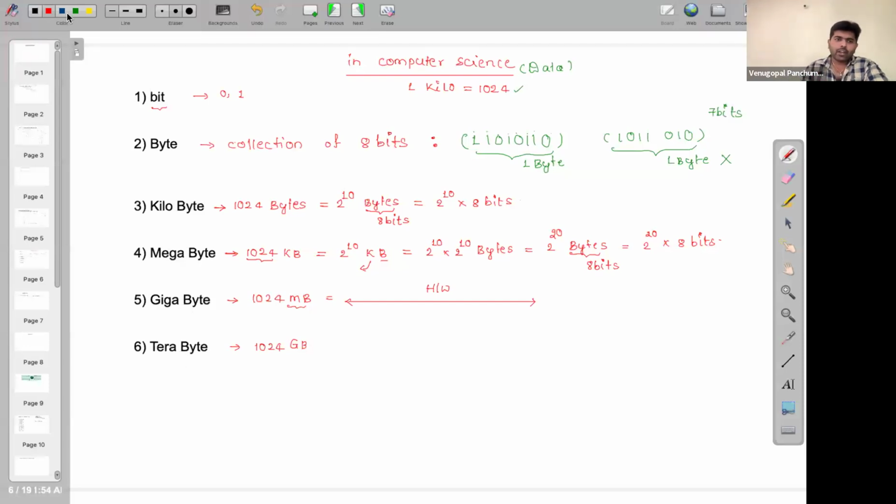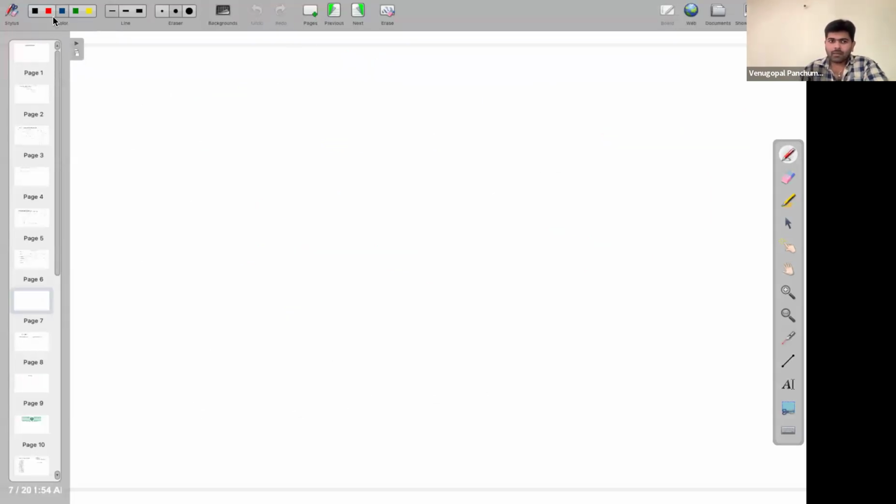Okay. So when you purchase, let's say, a 2 TB hard disk, see this, 1 TB is 1024 GB.